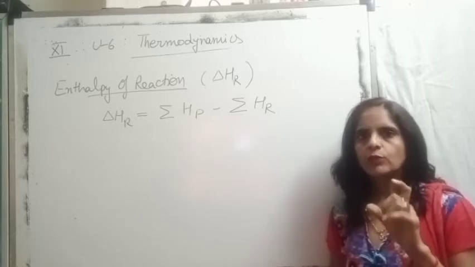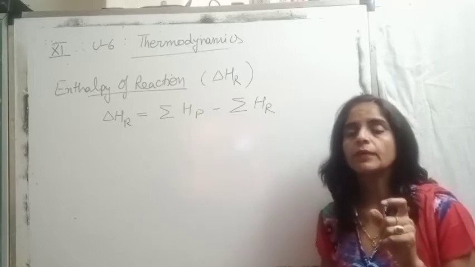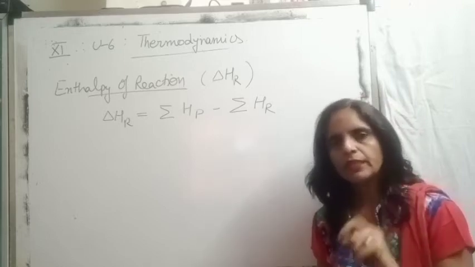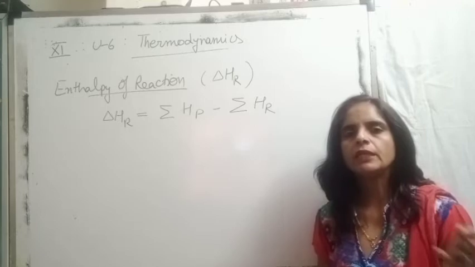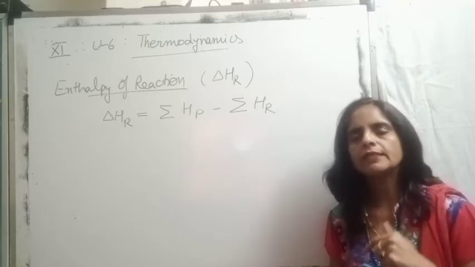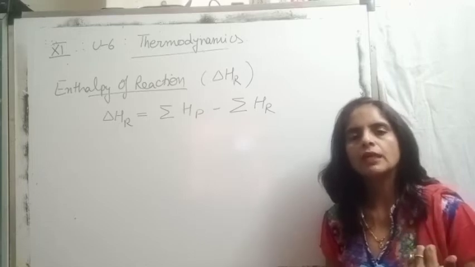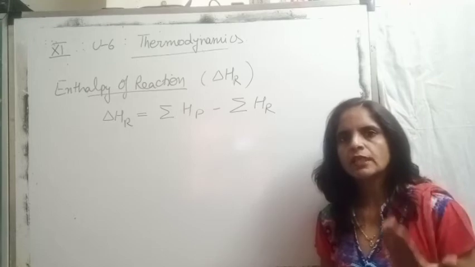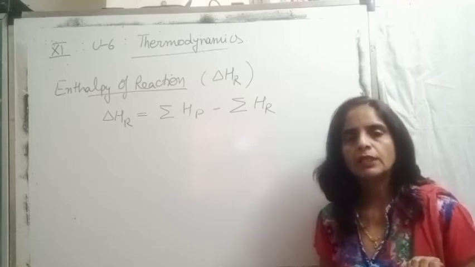Just check one thing. Here I use the term enthalpy change or heat change. Heat can be absorbed or it can be evolved. It depends on the type of reaction, whether it is an exothermic process or an endothermic process. Accordingly, delta H can be negative or positive.